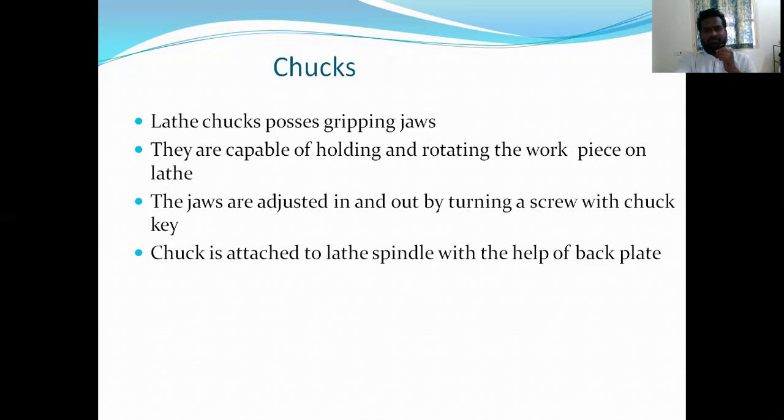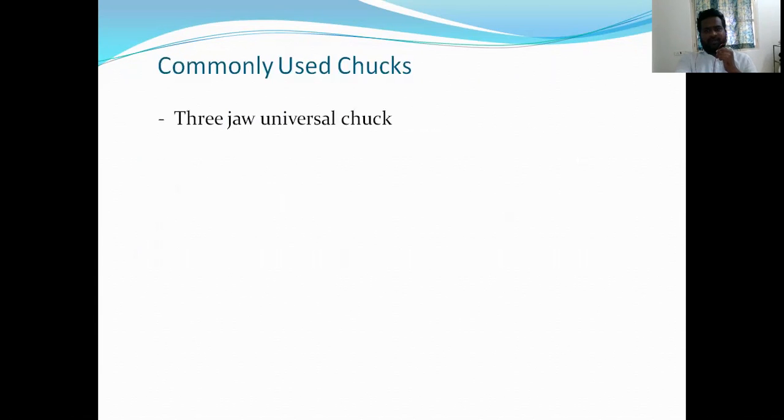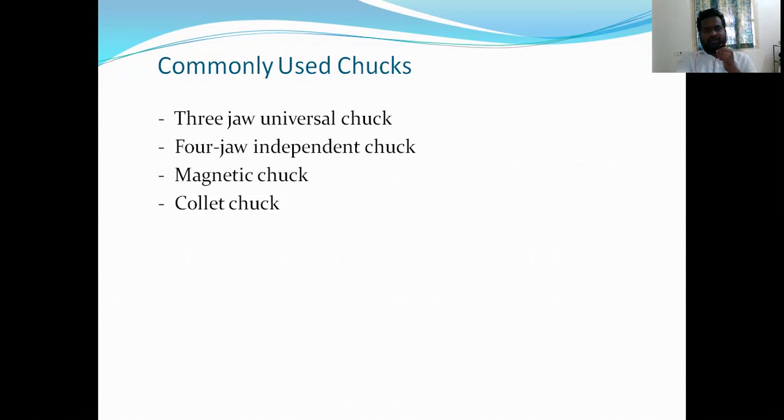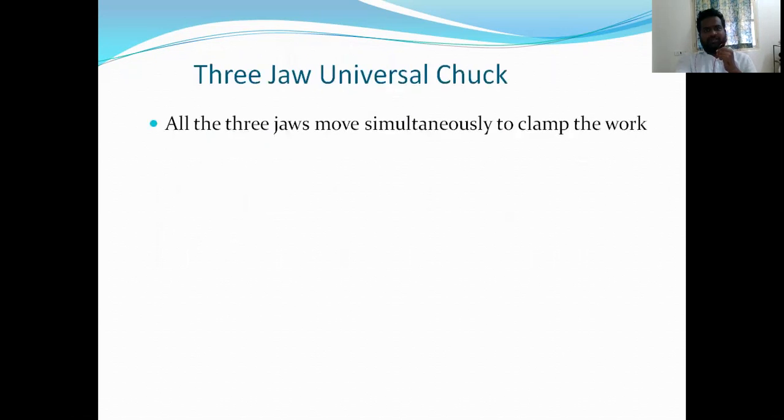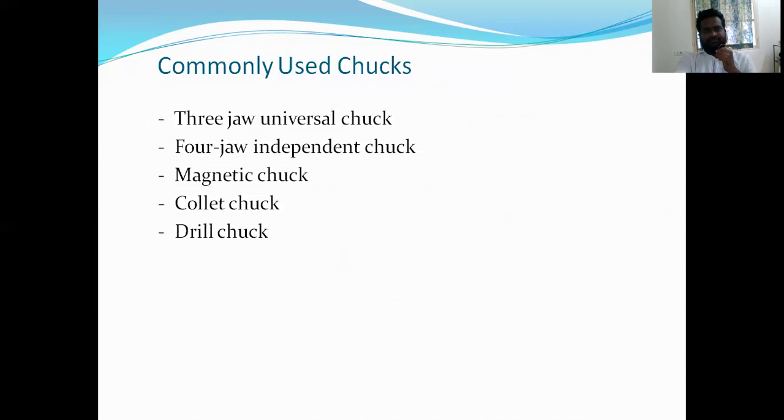The commonly used chucks are the 3-jaw universal chuck, 4-jaw independent chuck, magnetic chuck, collet chuck, and drill chuck. In the 3-jaw universal chuck, all 3 jaws are moved simultaneously to clamp the work.